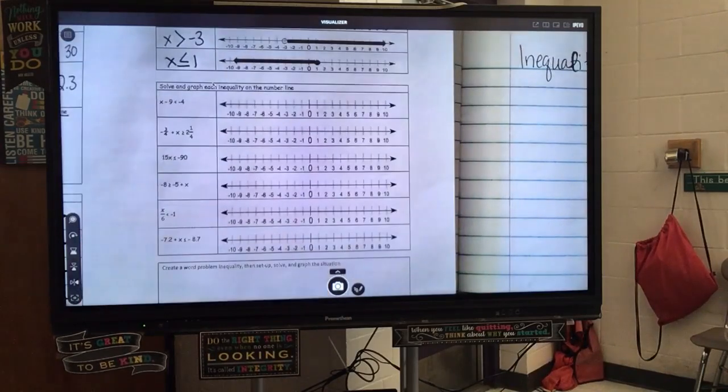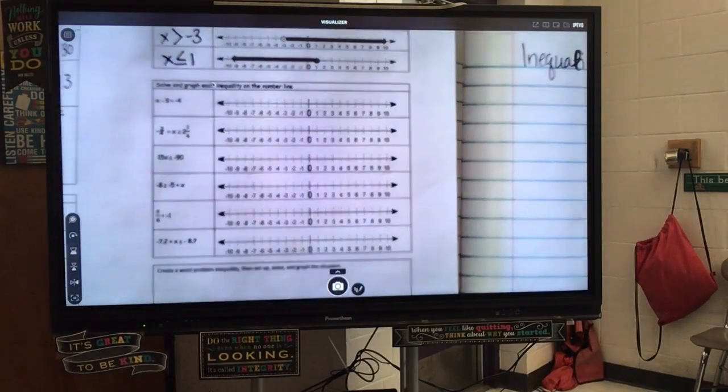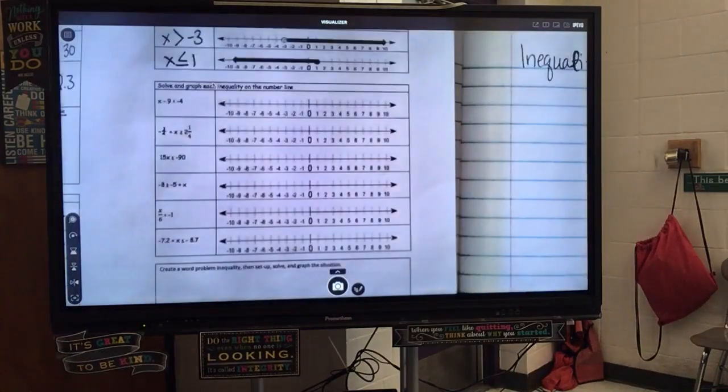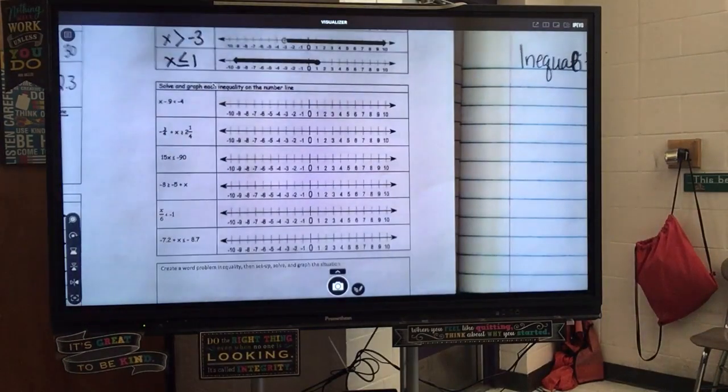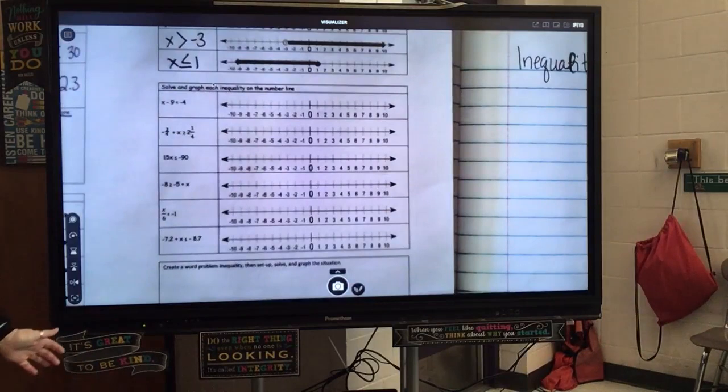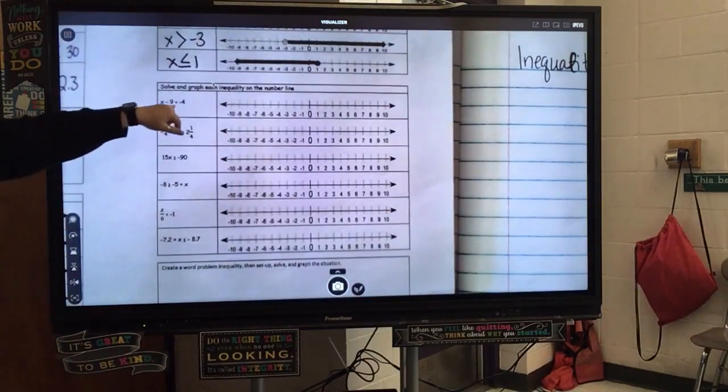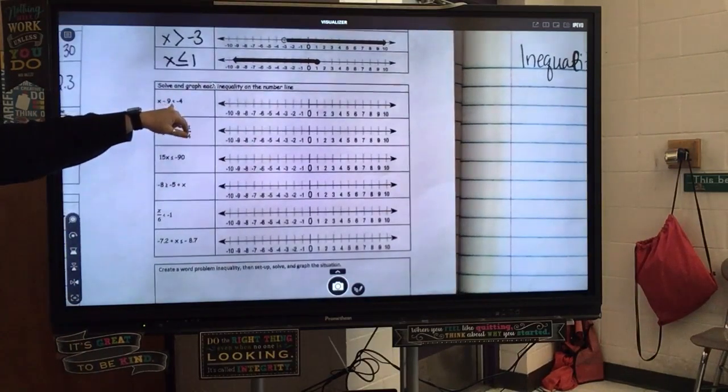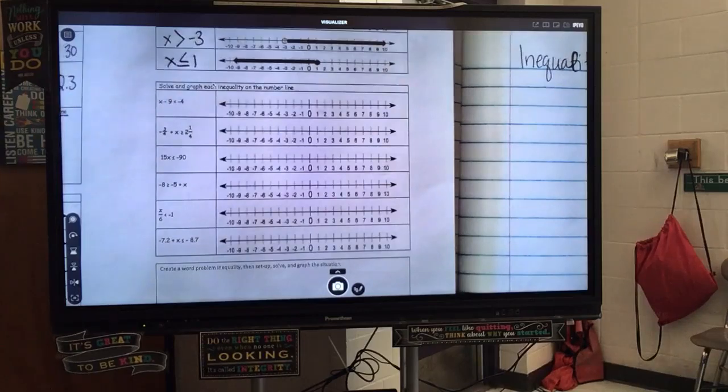This last section down here is the solving part. And for whatever reason, we absolutely lose our minds and say we don't know what to do. Your inequality is just like an equation, except that in an equation you have an equal sign. Here you have an inequality. Everything else is exactly the same. You're still doing the inverse operation. You're still trying to get the variable by itself.